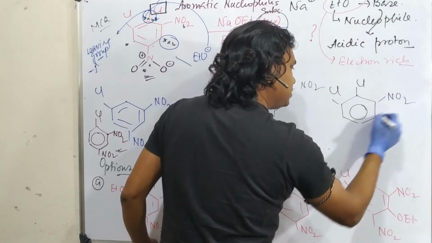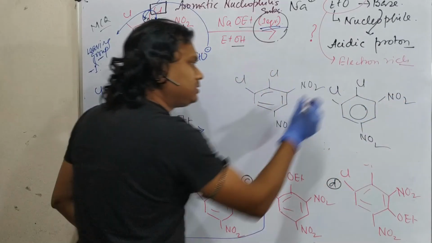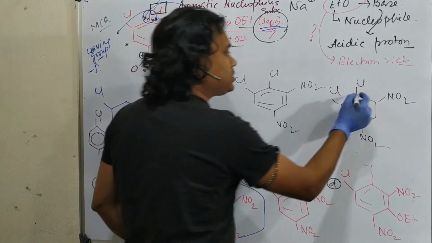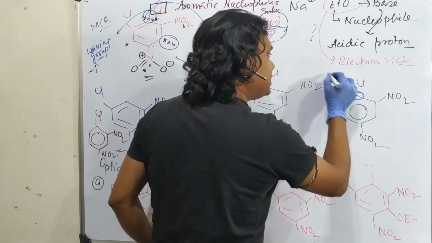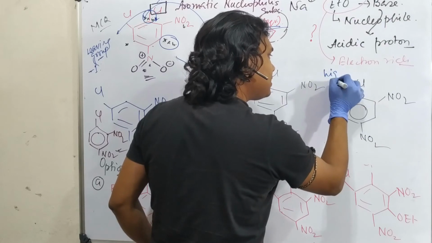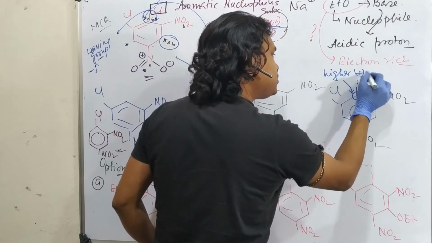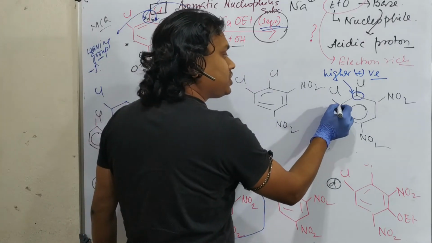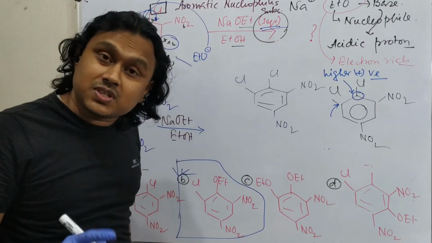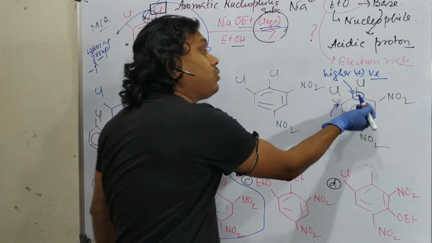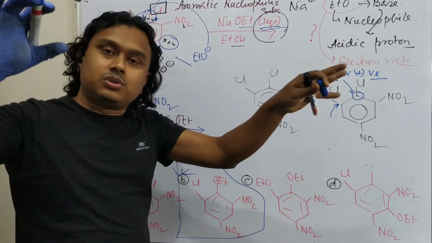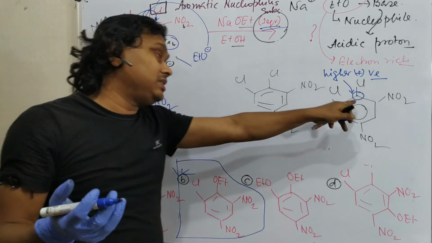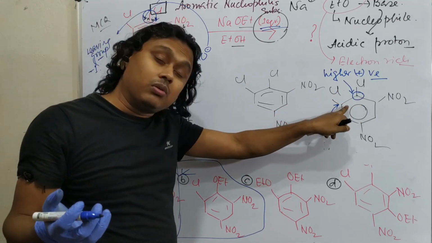I can conclude that this para Cl position has relatively higher positive charge density. Only this, but it doesn't mean no positive charge density is here. There is positive charge density. Why? Because actually this is a cloud. Overall, it's a cloud, and the cloud means the presence of electrons. Here a little less. Here also some less.